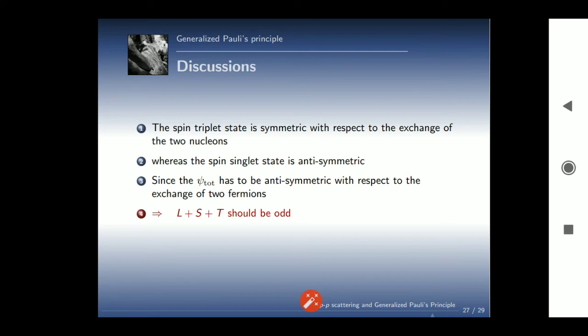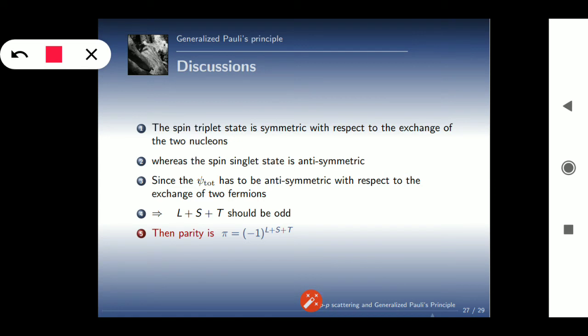Otherwise, the wave function will not be antisymmetric. So that can be written in terms of parity, and parity will be equal to minus 1 to the power of L plus S plus T. This is the parity for generalized Pauli's principle. Basically, that defines whether the wave function is symmetric or antisymmetric.